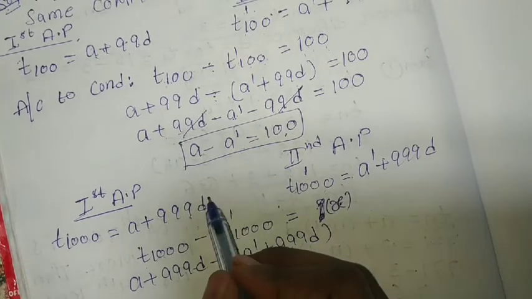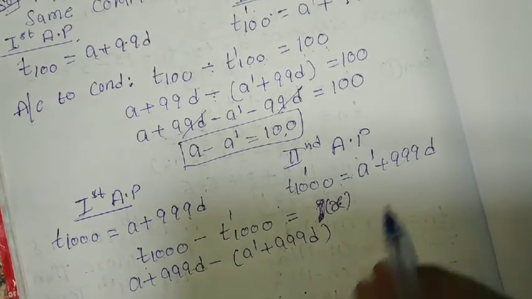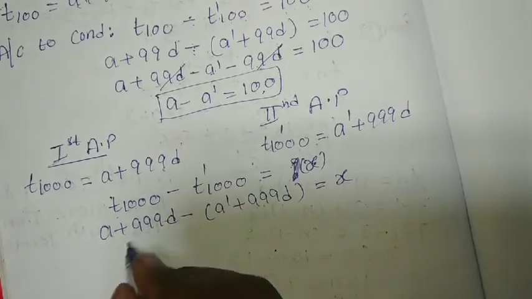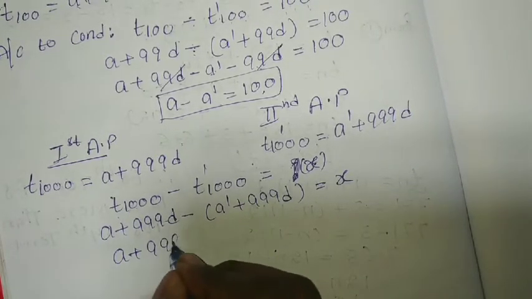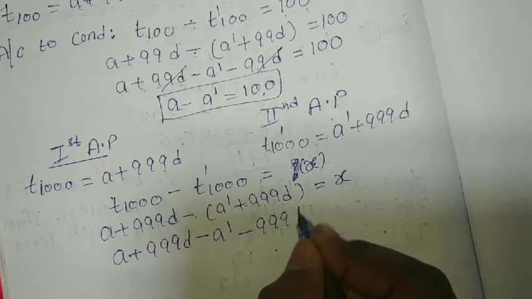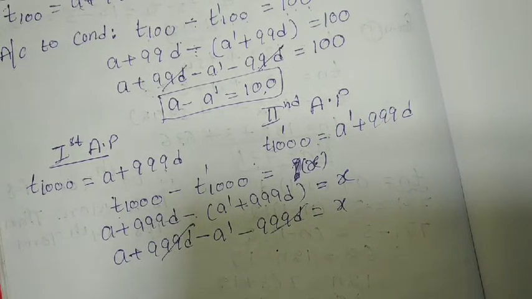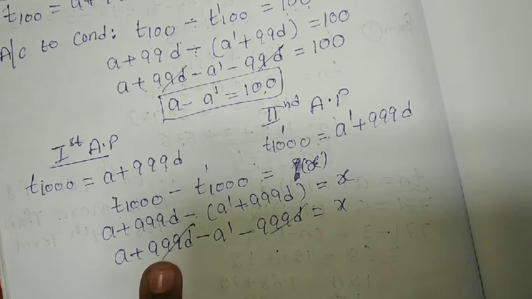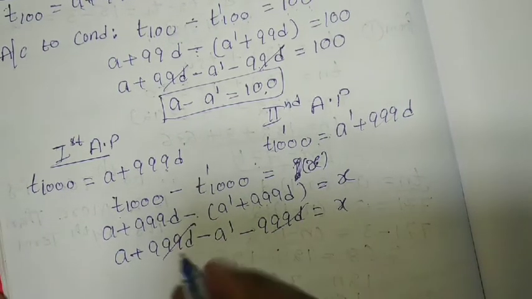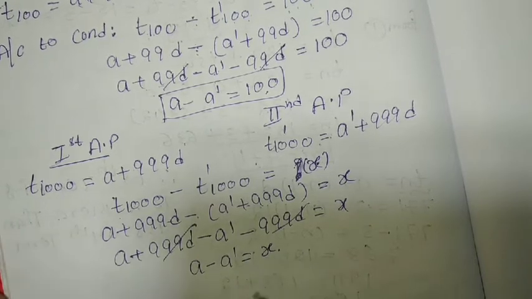I am not keeping a D dash because the common difference must be the same. Equal to X. Minus into plus, minus 999D, so 999D minus 999D will be cancelled. What is remaining here? A minus A dash is equal to X.